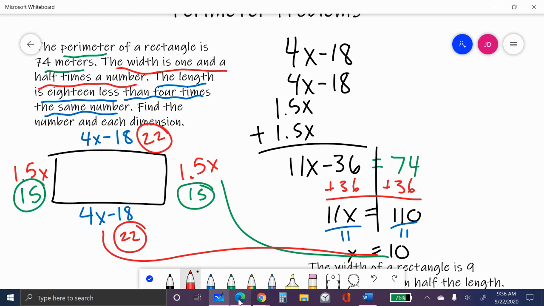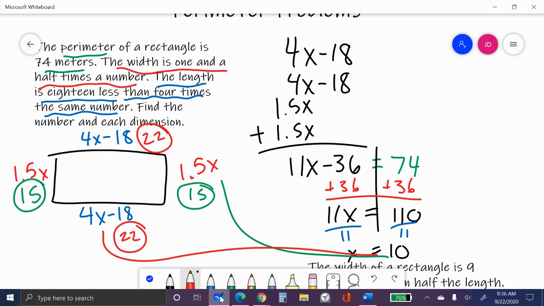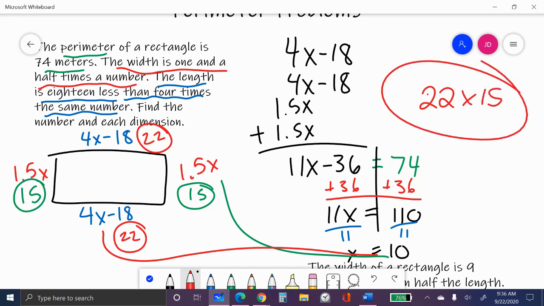So just to double check, clear all, 4 times 10 minus 18 is 22. So technically we have a 22 by 15 rectangle. That's the dimensions of our rectangle there. All right, the longest side being 22, the shortest side being 15.